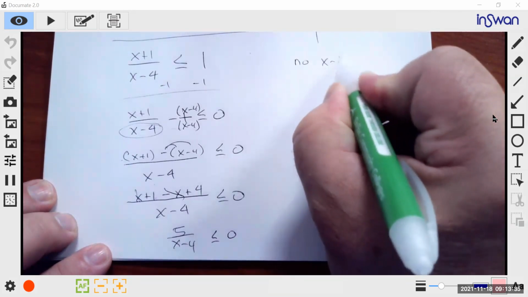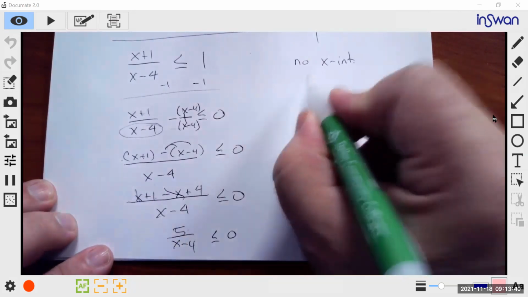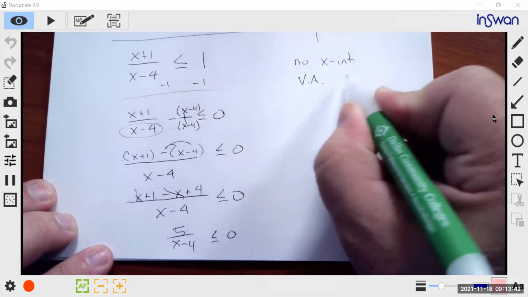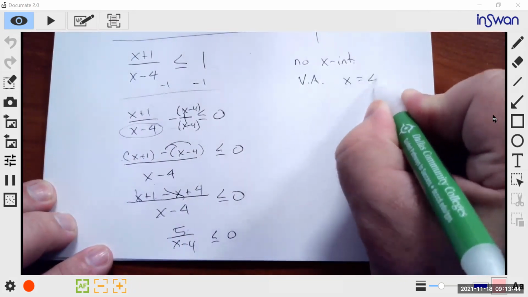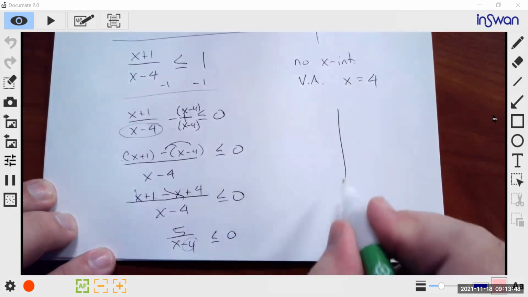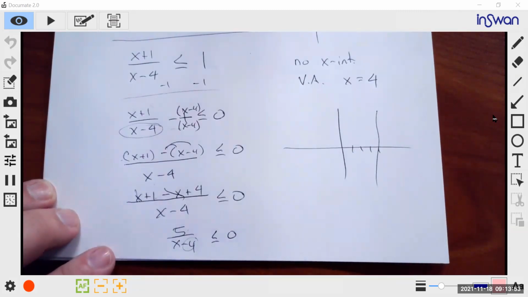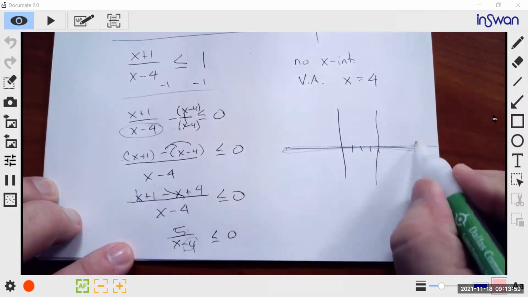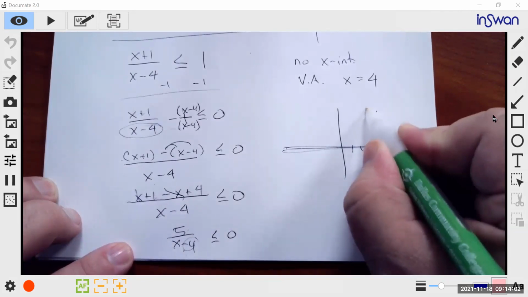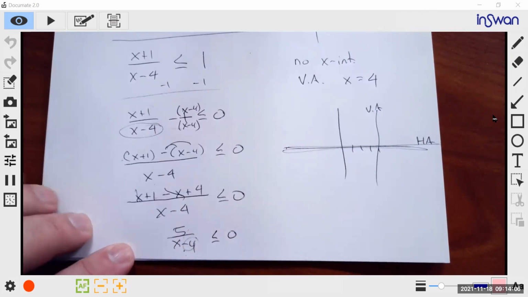We have no x-intercept because there's no x on top. The vertical asymptote is at 4, from x minus 4. And the horizontal asymptote is at 0, because there are more x's on the bottom.